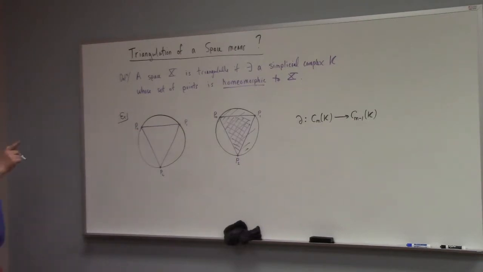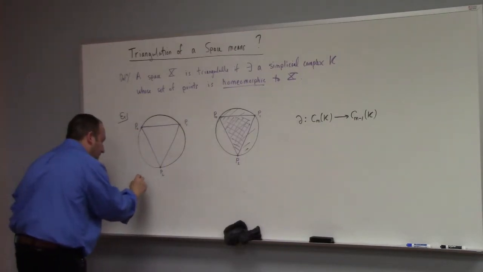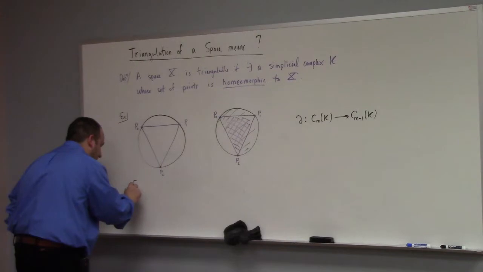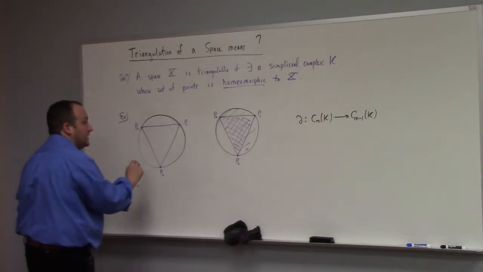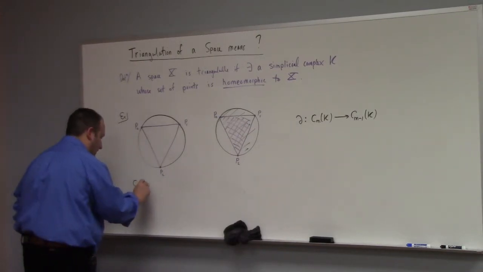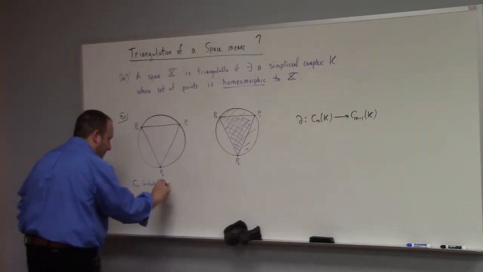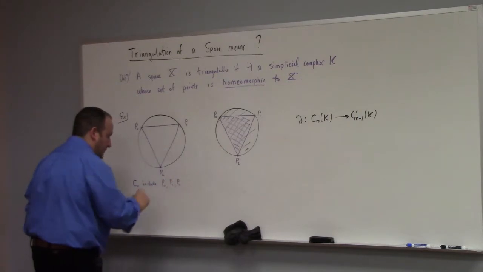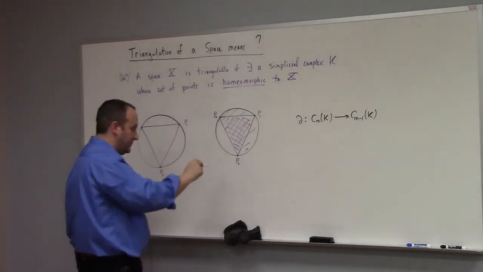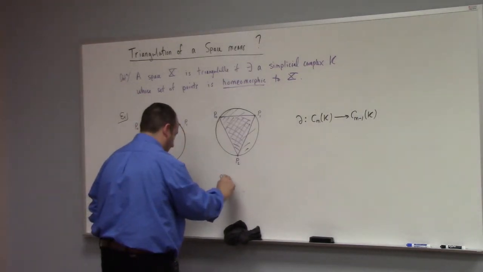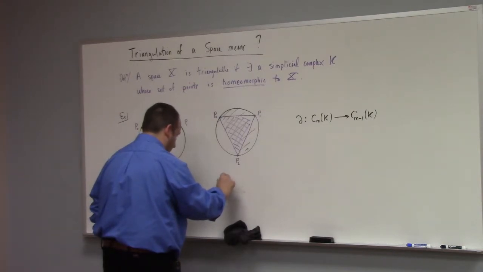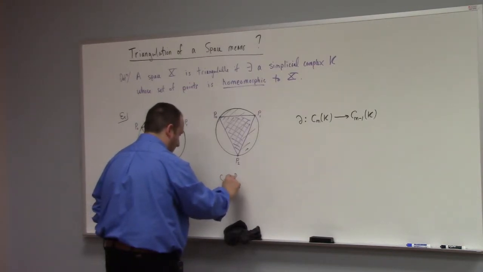Let me be more specific here. The zero chains in this case would include P0, P1, P2. Again, the vertices.